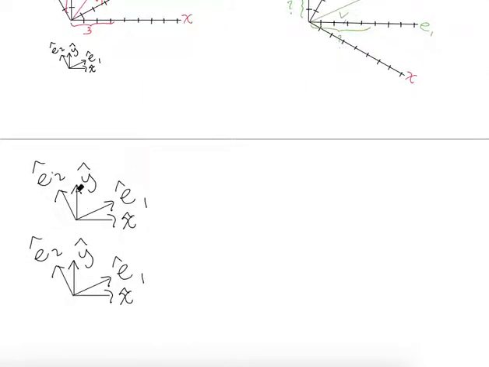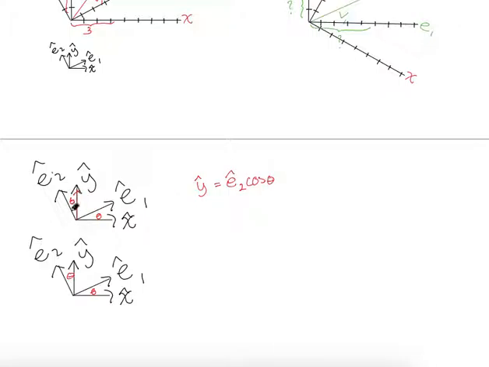So this is theta, just 30 degrees, right? We got y hat. First, we're going to investigate y hat. So this one right here is equal to E2 cosine theta, right?